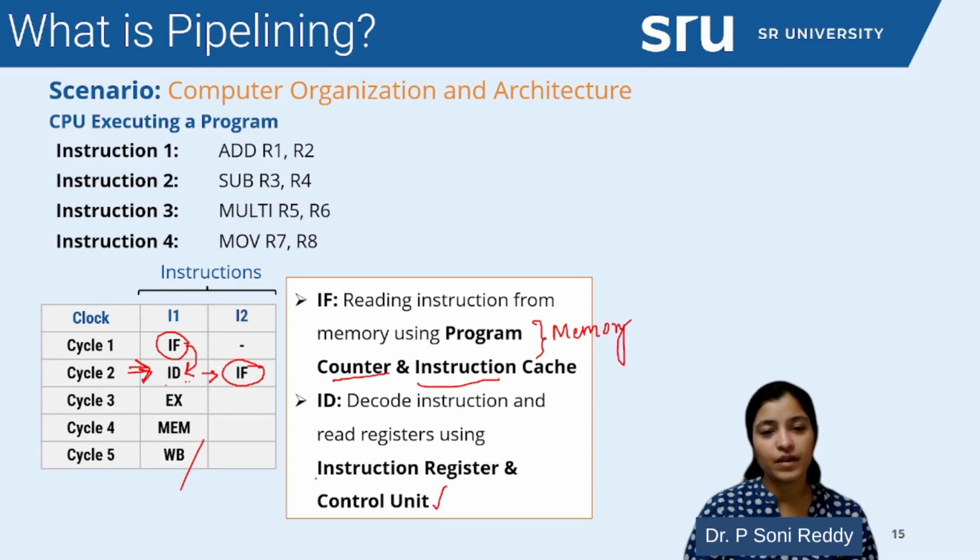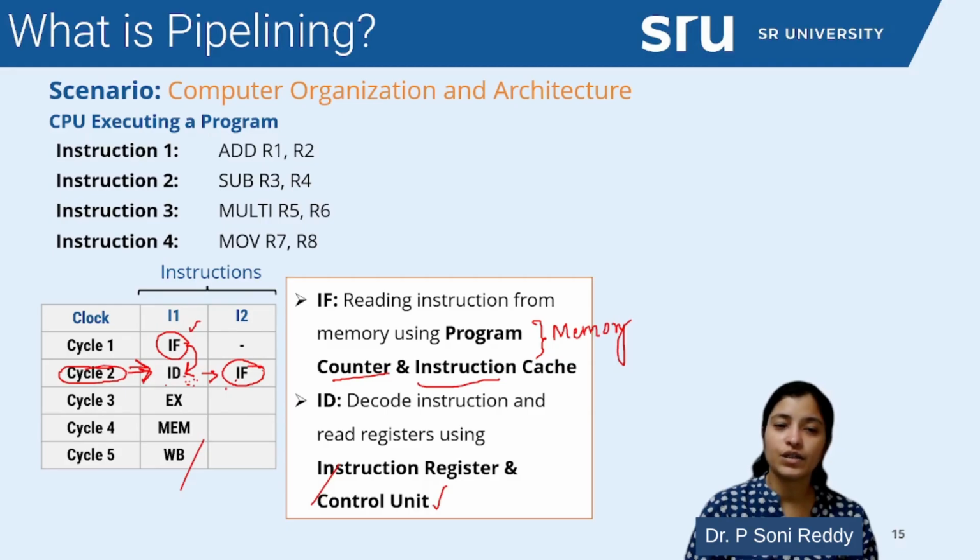The second step is being done by the control unit. Clear? So in fetch and decode, because they are being done by two separate hardware units, they can be executed parallelly in the same clock cycle. So in clock cycle number 2, we can do both fetch and decode for each independent instruction. That means I can do instruction decode for instruction number 1 and instruction fetch for instruction number 2.